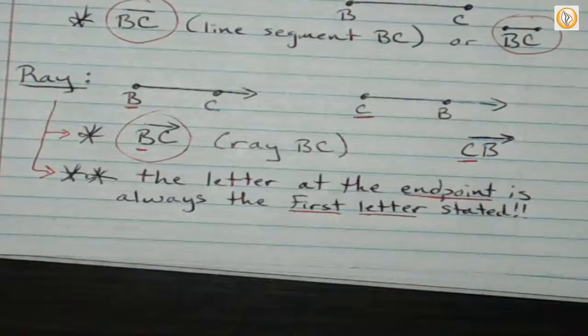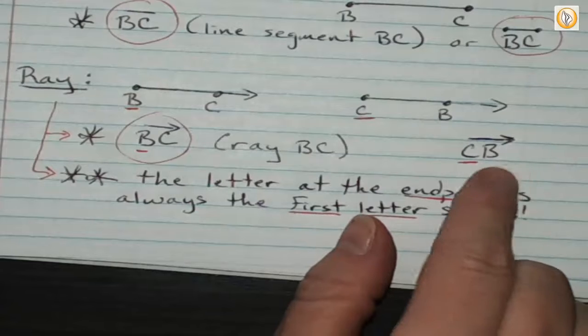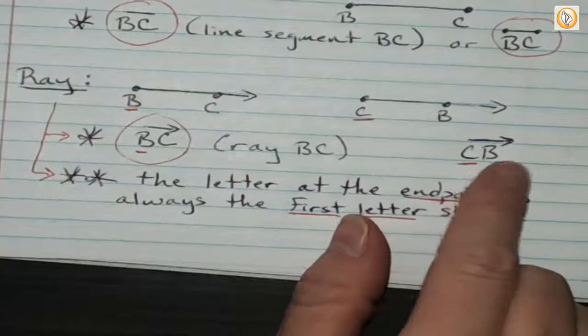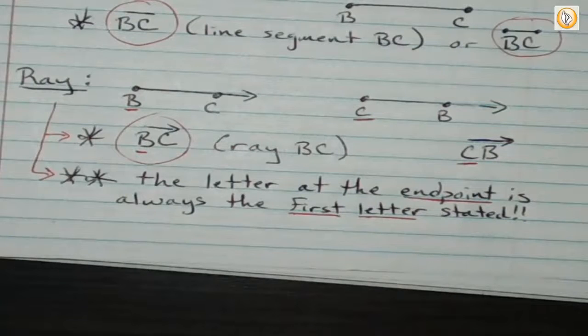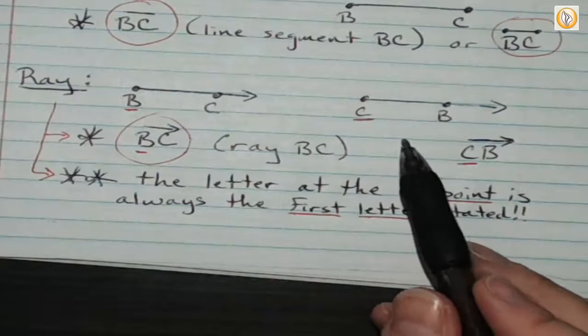Yes, because you want the letter that's with the endpoint to always be first. Always, always, always. But if the ray is facing the other way, would you write the letters differently? No. The ray needs to always go this direction, always facing the right. So if the arrowhead was on the side with the C, then it would be ray BC.